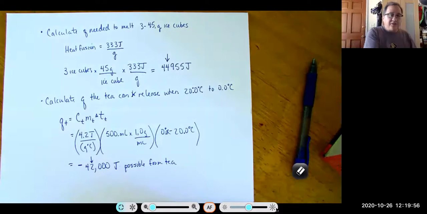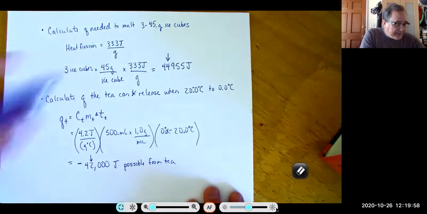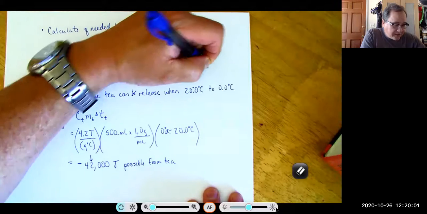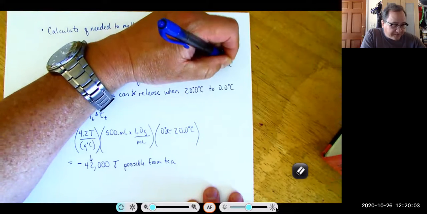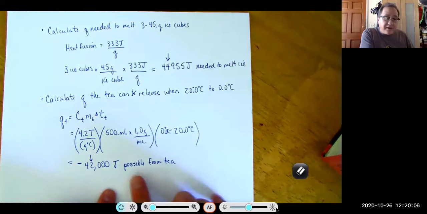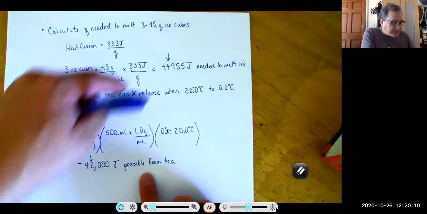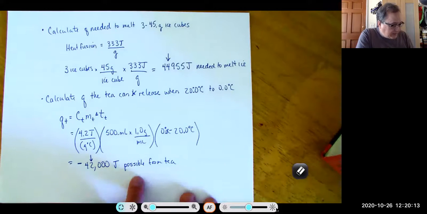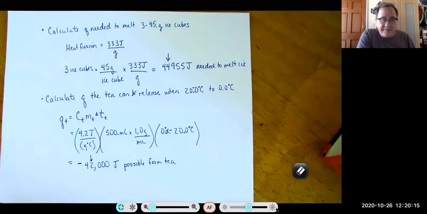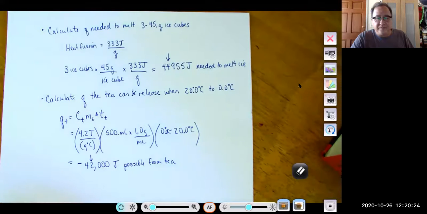Okay. So this is needed to melt the ice. And this is the amount of energy that the tea can give up. So look at these two numbers. Is there enough energy that is going to be produced from the tea to melt the ice? If you think there is, oh, you already voted no. There's not enough.